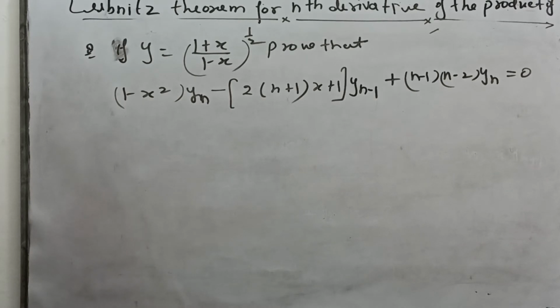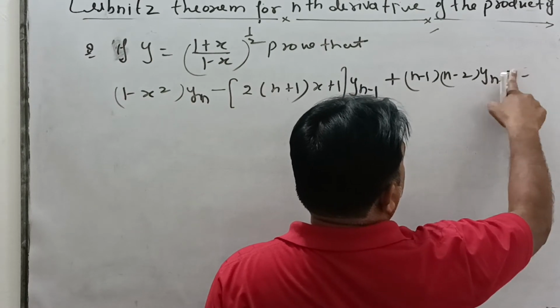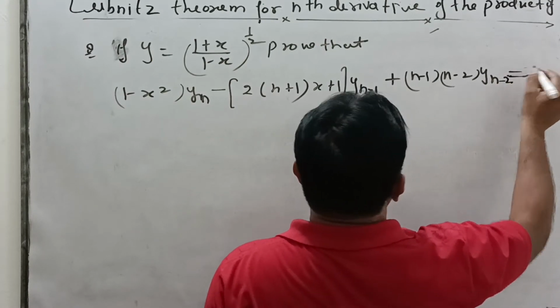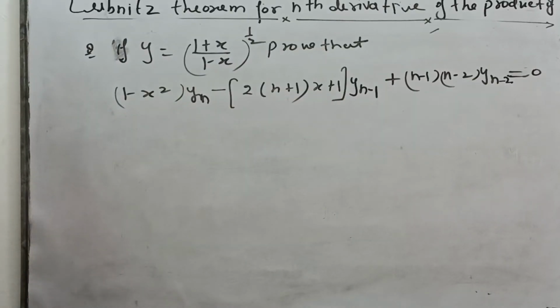Prove that (1 minus x square) y n plus 2, minus (2n plus 1) x y n plus 1, plus (n minus 1)(n minus 2) y n, equal to 0.